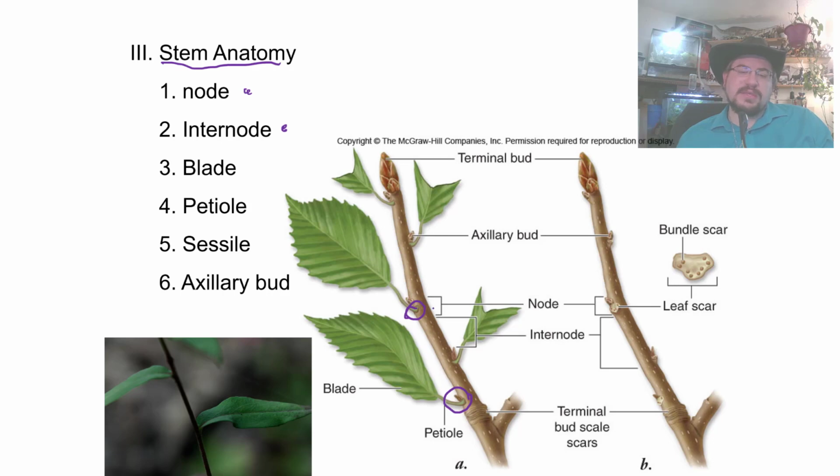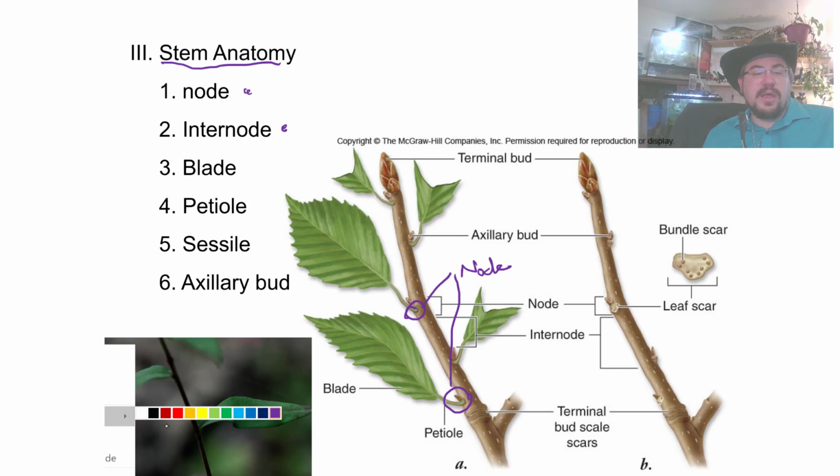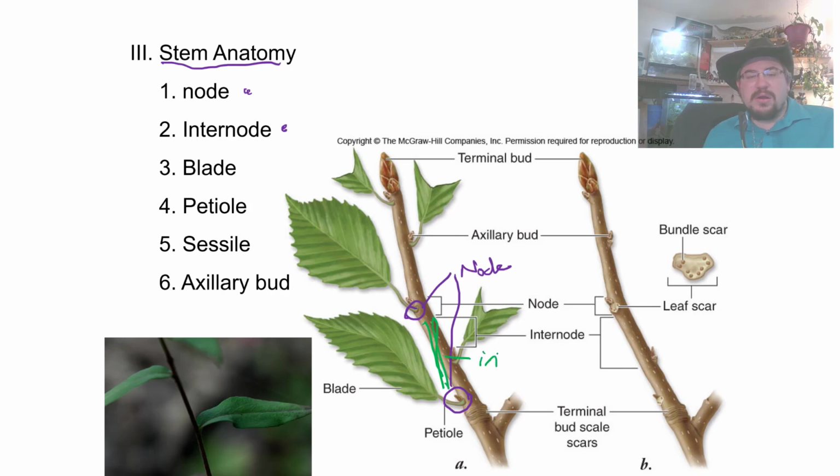So each one of these is a node, as is already labeled in the diagram. The distance between nodes, amazingly enough, is the internode.